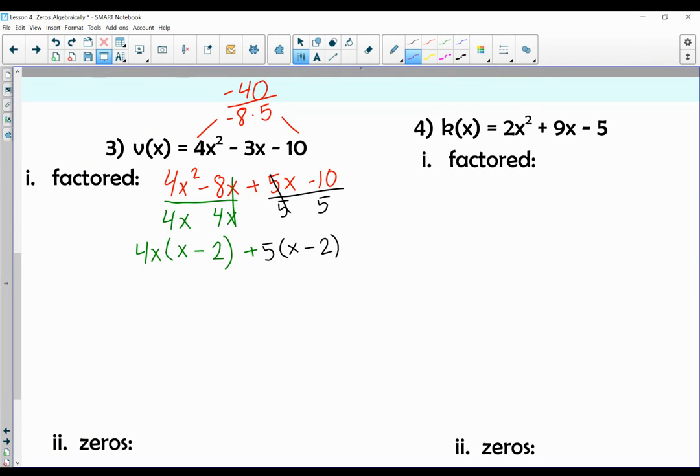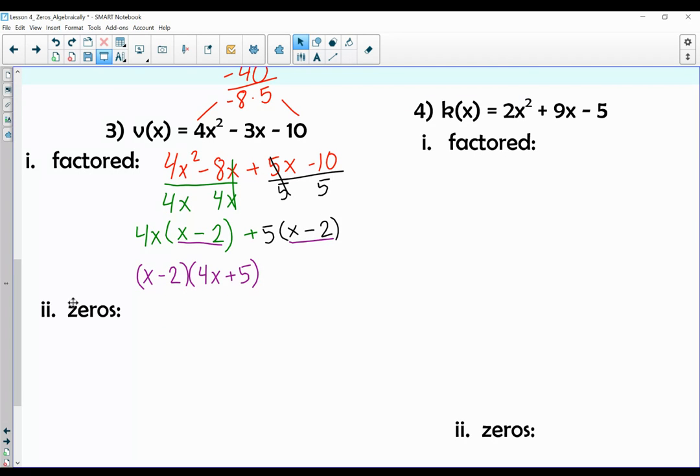And now I'm happy because I got the same terms on the inside, x minus 2. That's what I want, because now that x minus 2 is the greatest common factor, and I can factor that out. When I factor that out, I'm left with 4x plus 5. So those are my factors.